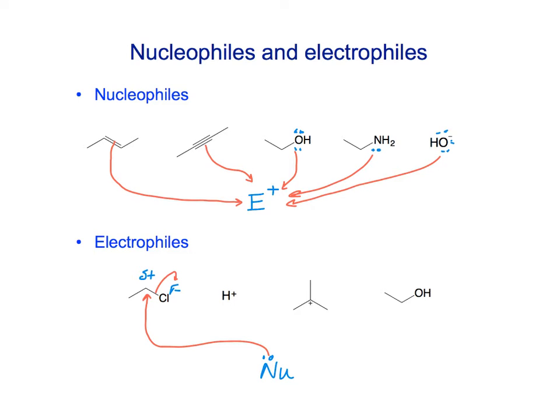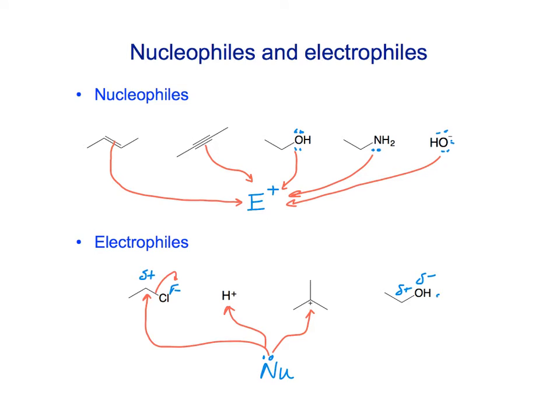Okay? Protons are good electrophiles. All right, they don't have any electrons. Carbocations can accept electrons, and carbon-oxygen bonds also have a delta minus on the oxygen and a delta plus on the carbon.